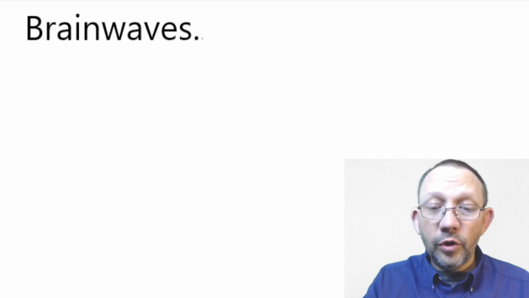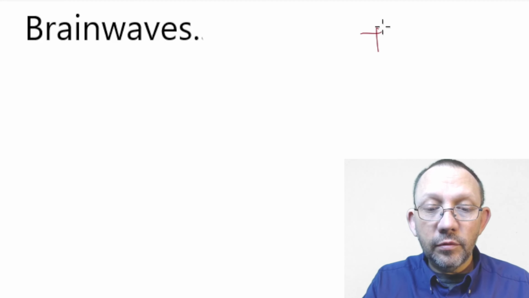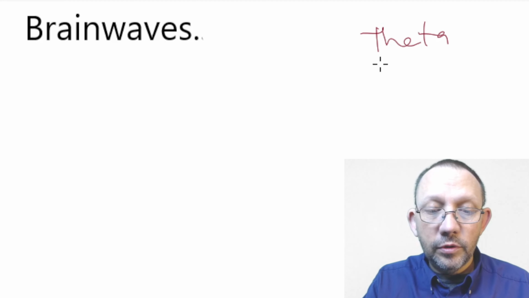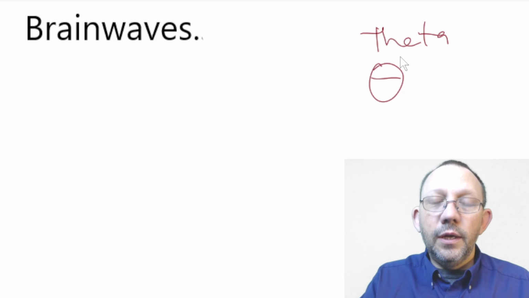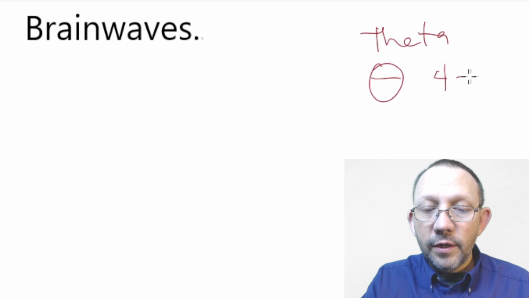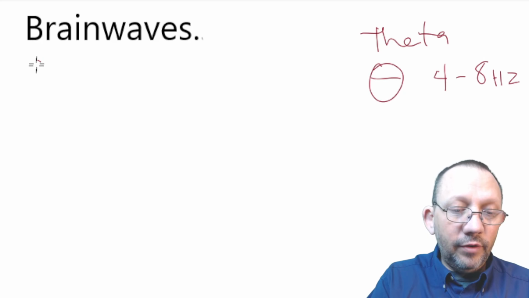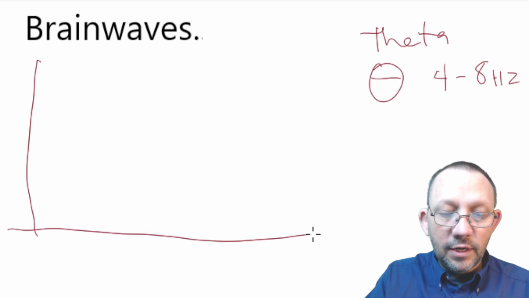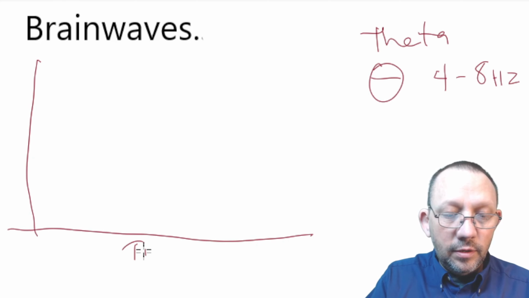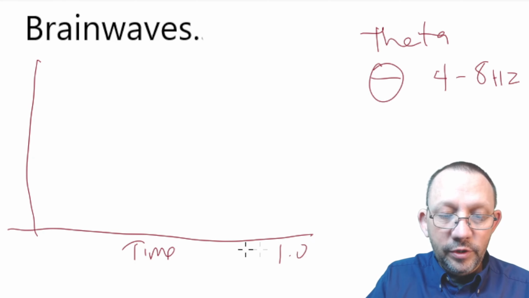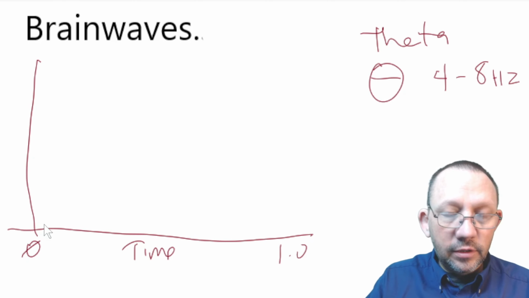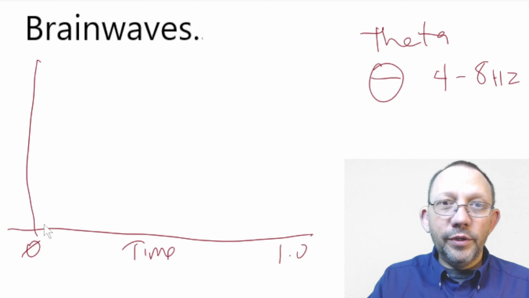Now, the next one we're going to go over is actually theta. Theta, which kind of looks like this, is between 4 and 8 hertz. That's the cycles per second, right? Here we're going to have our same chart. We have time here, and this is 1.0, and this is 0 seconds. So over time, we're going to see 4 to 8.